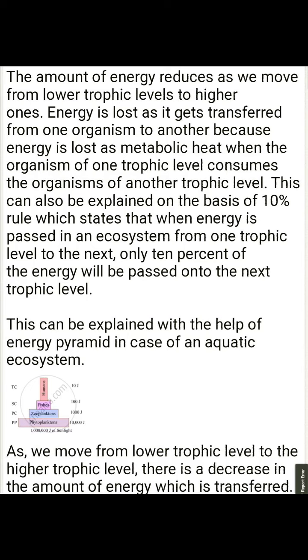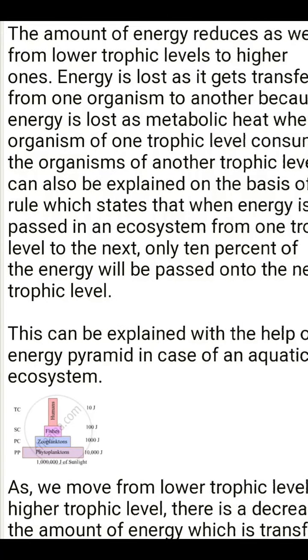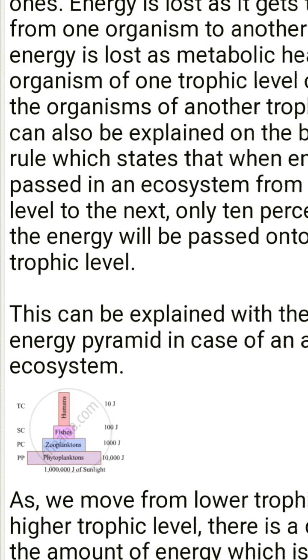This can also be explained on the basis of the 10% rule, which states that when energy is passed in an ecosystem from one trophic level to the next, only 10% of the energy will be passed on to the next trophic level. This can be explained with the help of this energy pyramid. Here you can see at the producer level there is 10,000 joules of energy.